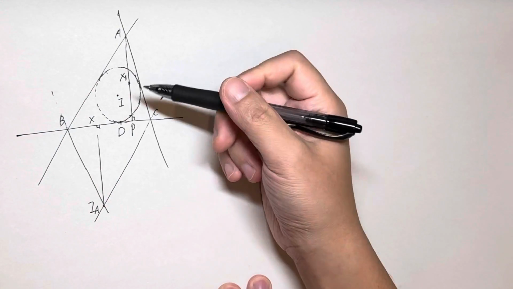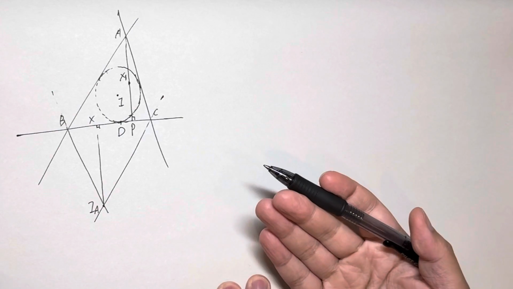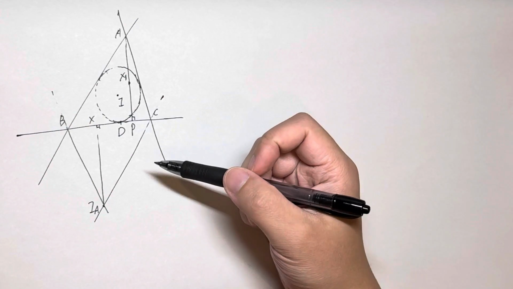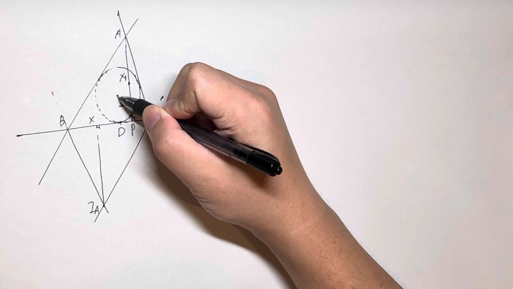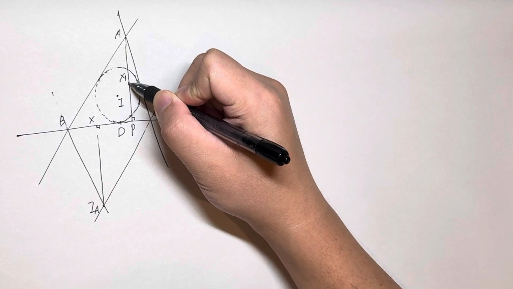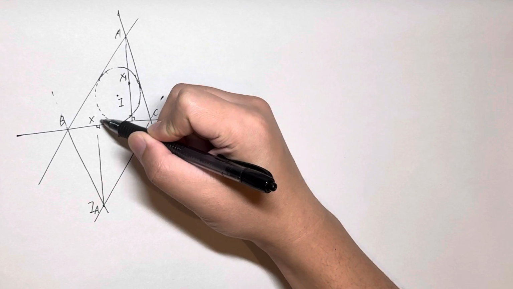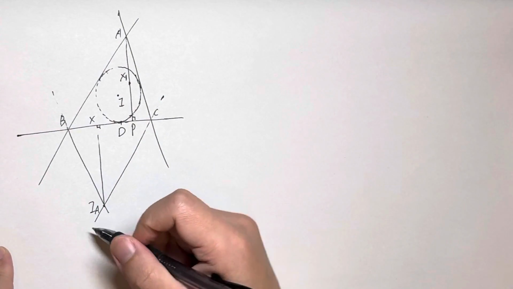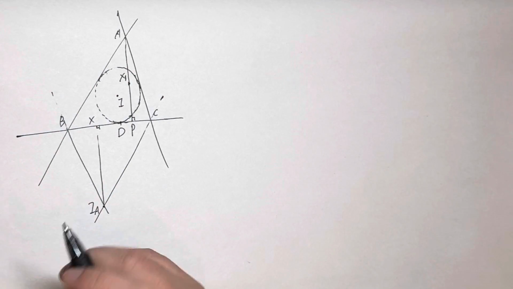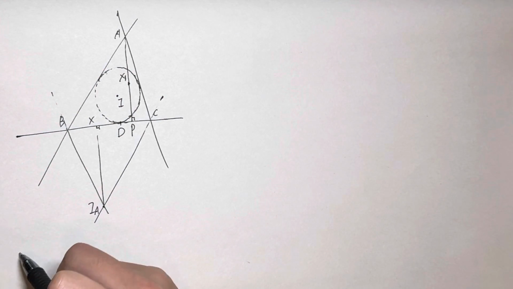For example, how can we do the calculation? The idea is easy: if these three points X, I, X1 are collinear, then we must have the following ratio equation valid.